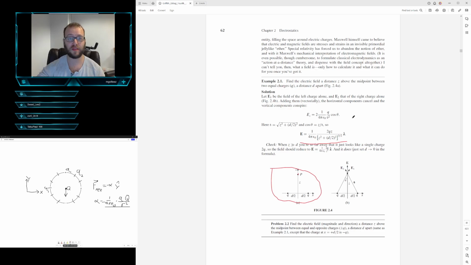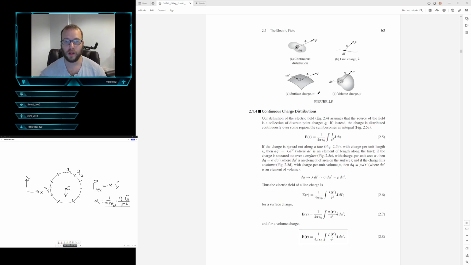Well, we can extend this to a continuum of charges, continuum of static charges, some continuous distribution, either some line charge, some surface charge, or some volume charge, each with their own density of charge. So how much charge is packed within an infinitesimal element, either a line element, a surface element, or volume element.